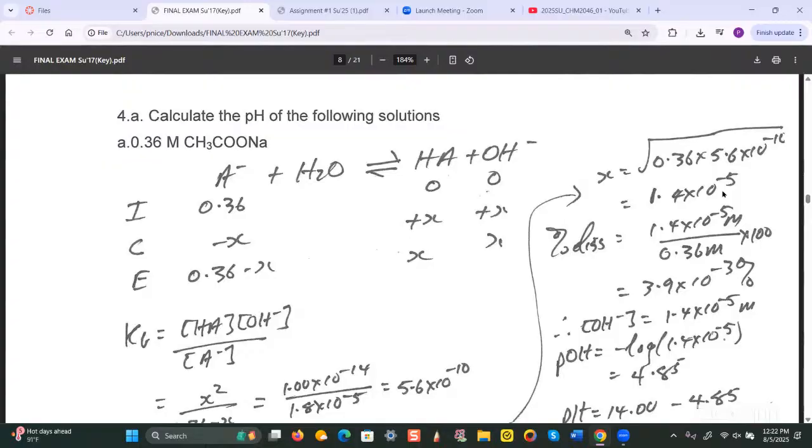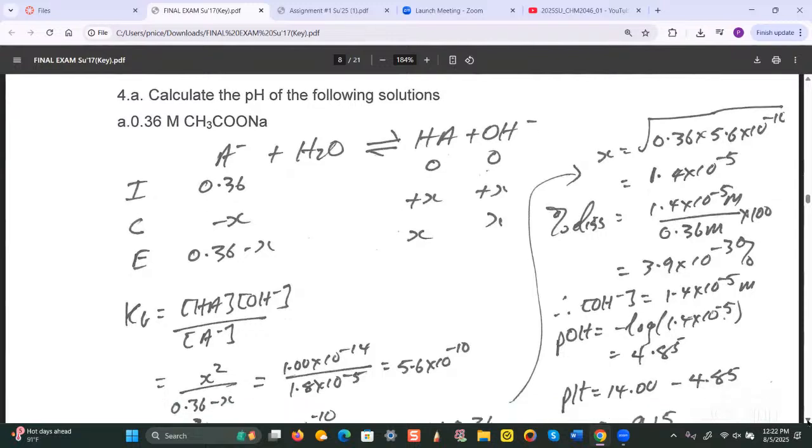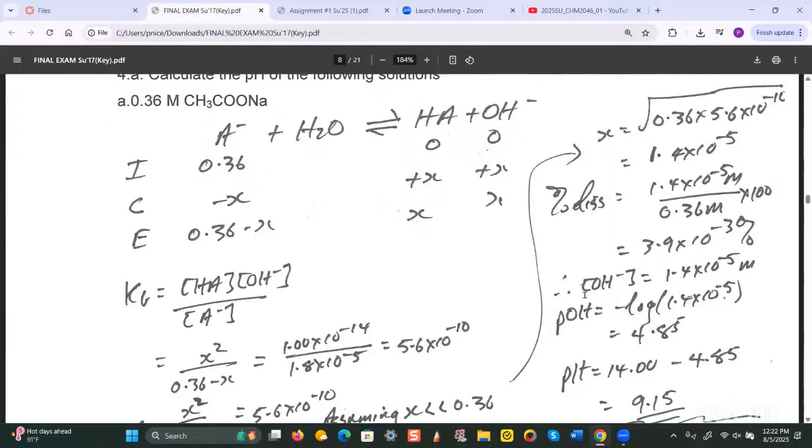How do we do that? We determine the percent dissociation, right? So we take the 1.4 times 10 to the minus 5, which is the concentration of OH minus, divided by the initial concentration of the A minus, and we see that this is less than 5%, 3.9 times 10 to the minus 3. So we can go ahead and use the concentration of OH minus equals 1.4 times 10 to the minus 5.